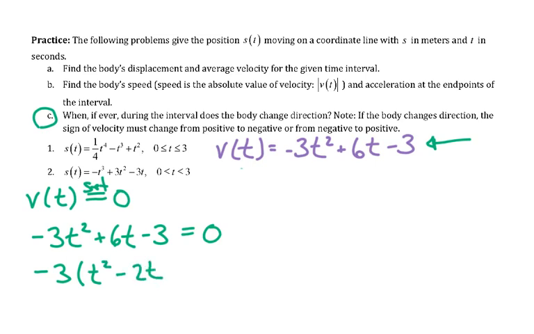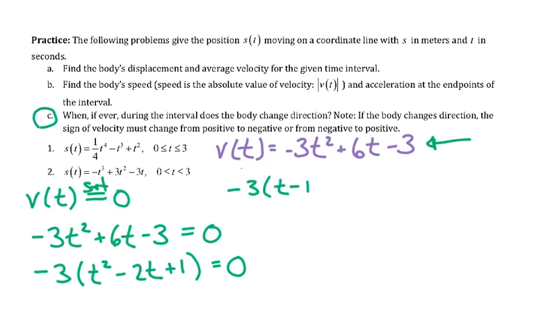And try to be careful. What do you think? Does that look right? We have to be careful of our signs. We factored out a -3, so if you multiply it back, that's -3t squared plus 6t minus 3. Okay, so how does this factor?